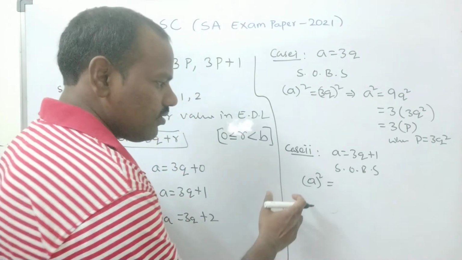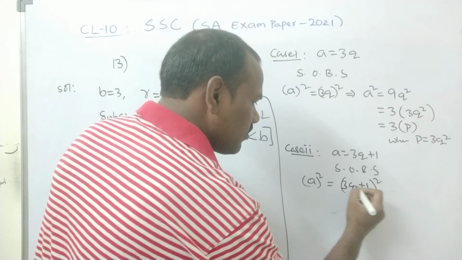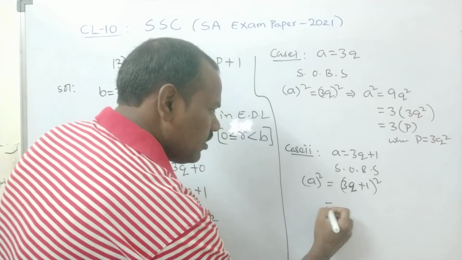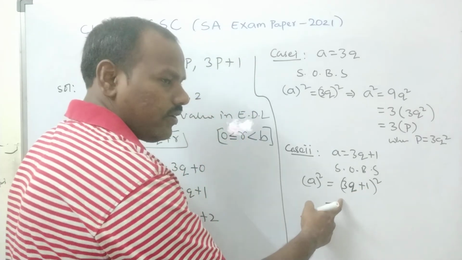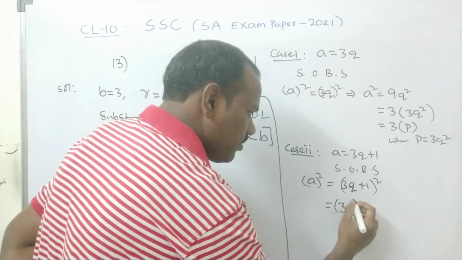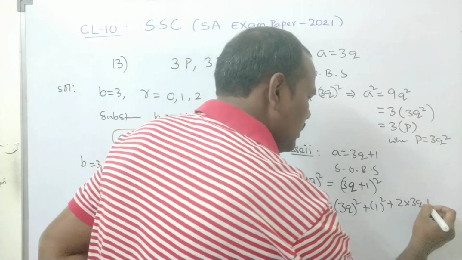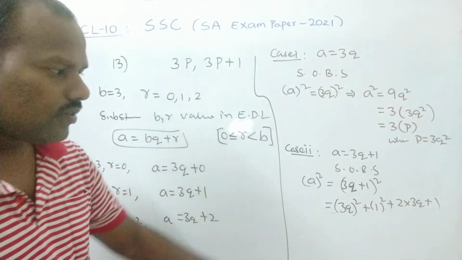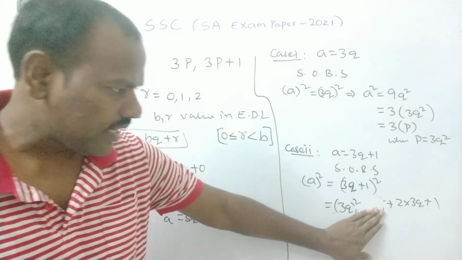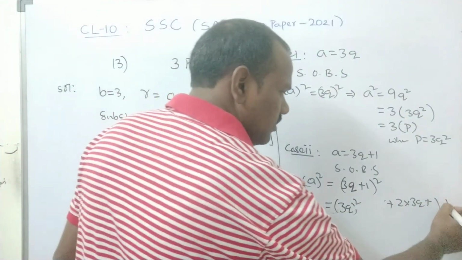So A square equal to 3Q plus 1 whole square, which is in the a plus b whole square format. You have to expand it, because it is a binomial. A square means 3Q whole square plus 1 square plus 2ab, 2 into 3Q into 1. So this 1 I can write at the end also: a square plus 2ab plus b square, plus 1 square.